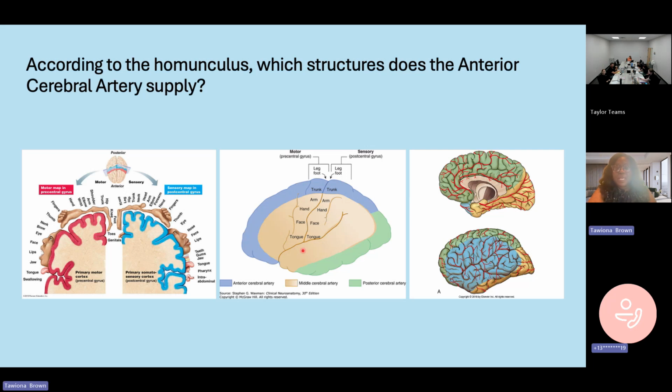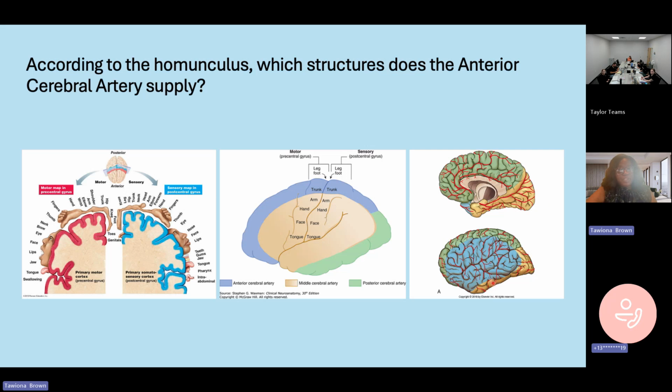Which blood vessel is most likely affected? And then they give you PCA for posterior cerebral artery, they might give you ICA, anterior inferior cerebellar artery, they'll give you the MCA, middle cerebral artery, and they'll give you ACA, anterior cerebral artery. And then you have to pick. So your triggers are the location and the extremity that they give you. Is that understandable on how those questions could be configured for you?